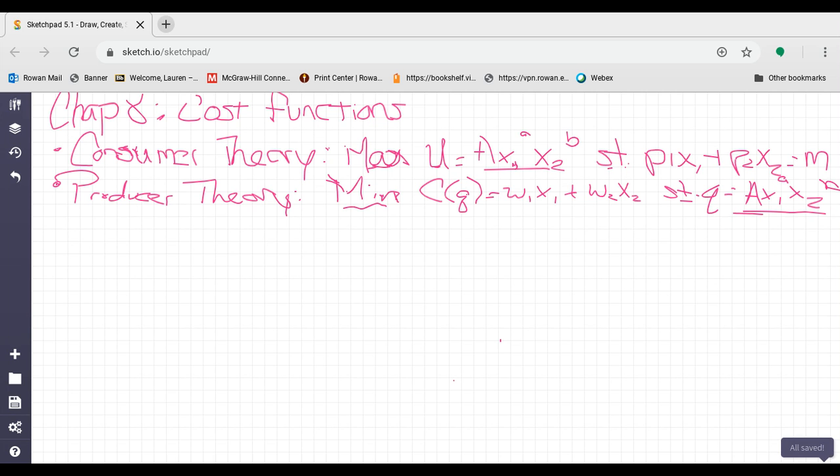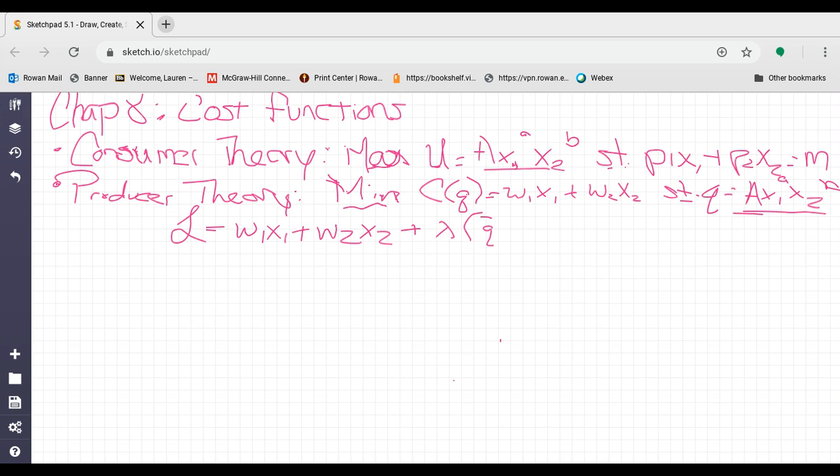Now, if we were to write the Lagrangian, it would look something like this. Big L equals W1X1 plus W2X2, and then plus our lambda or Lagrange multiplier.